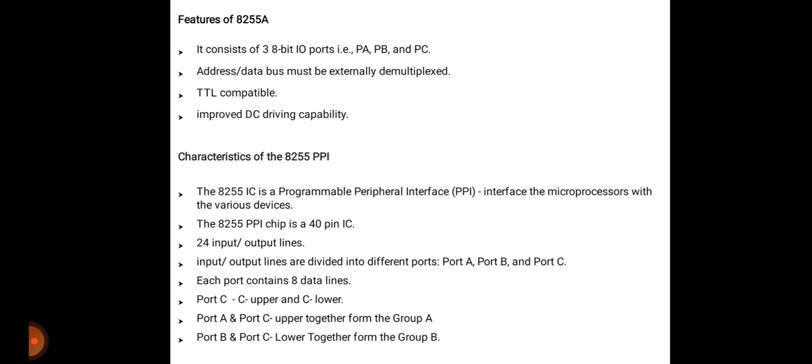In this IC the input and output lines are divided into different ports, that is port A, port B and port C. Each port contains 8 data lines, and port C is further divided into two parts, port upper and lower. Then port A and port C upper together form group A, and port B and port C lower together form group B.